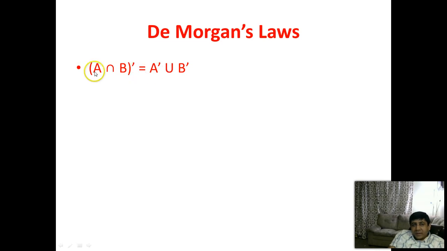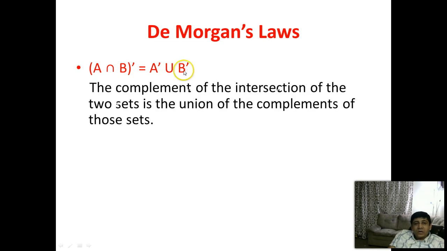You understand that? The complement of A intersection B is equal to A complement union B complement. So in words, the complement of the intersection of two sets is the union of the complements of those sets.